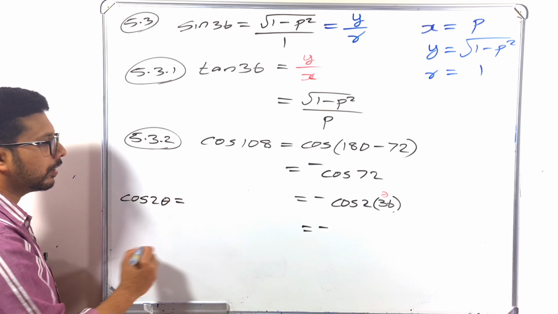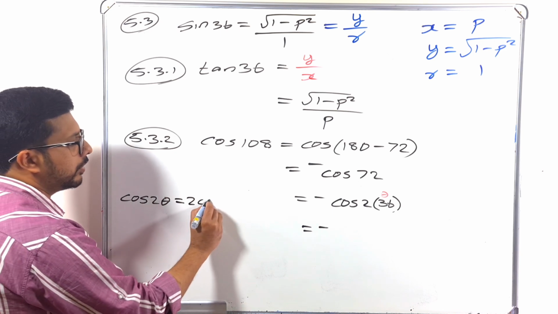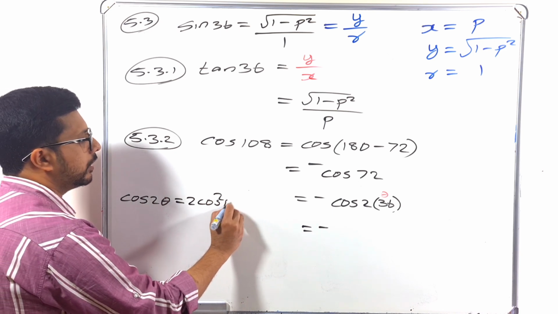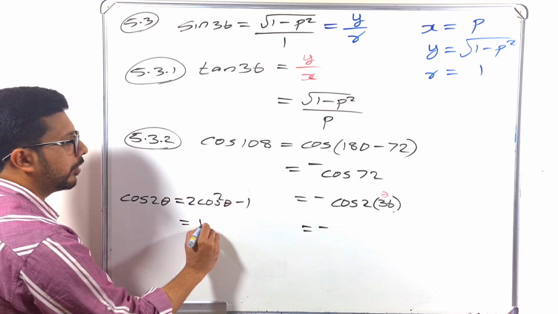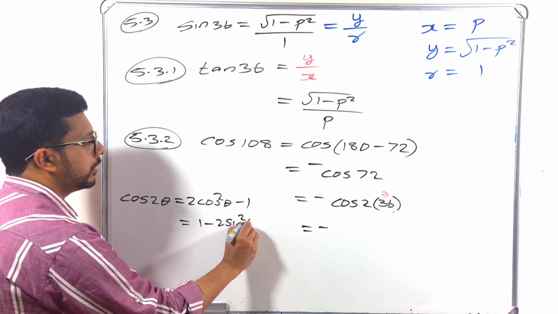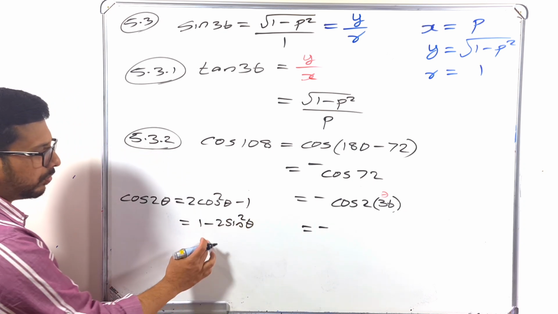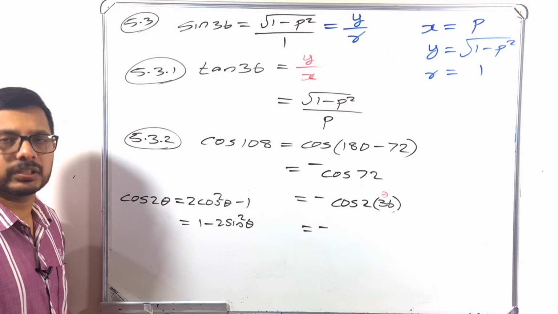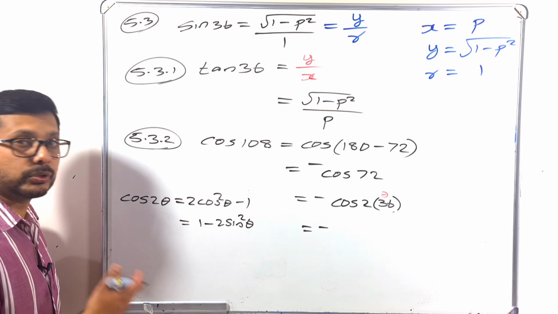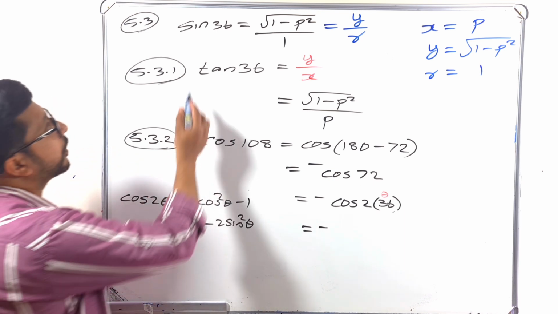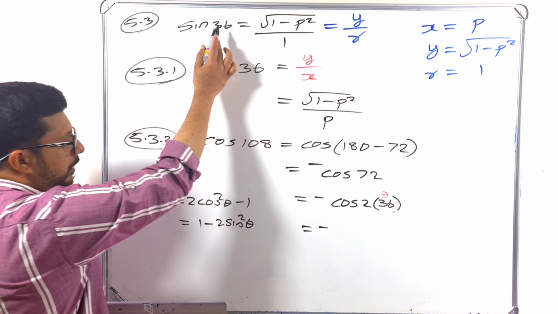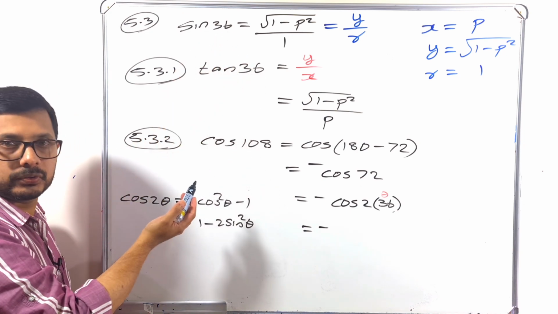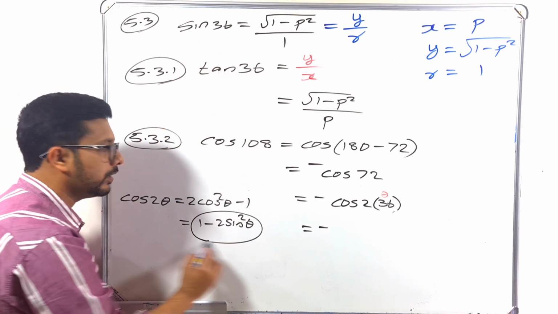Either you can take 2 cos square theta minus 1 or 1 minus 2 sine square theta. Cos square theta minus sine square theta, that one also you can write, but you have to substitute both the values. But here sine 36 you already know, isn't it so? So it is better to apply this formula.